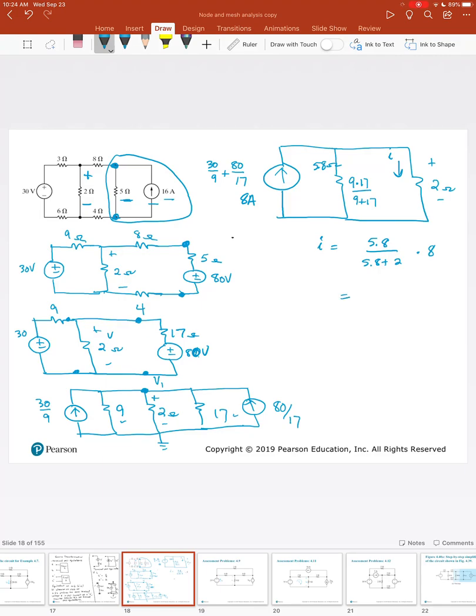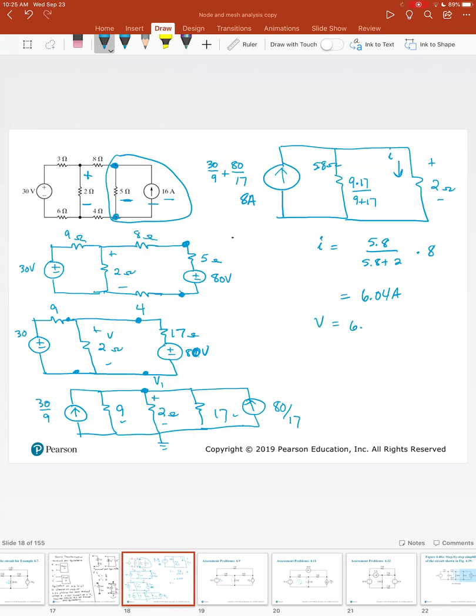And remembering, I saw this on the exam, remember that you can only do current divider on one pair of resistors at a time. So if I do this, I'm getting 6.04 amps.